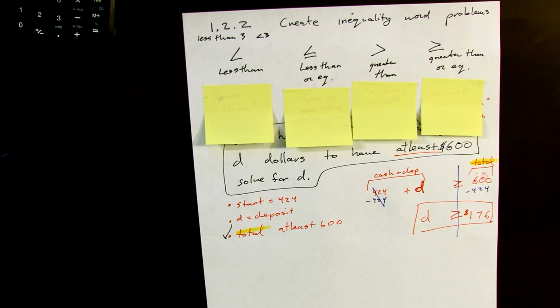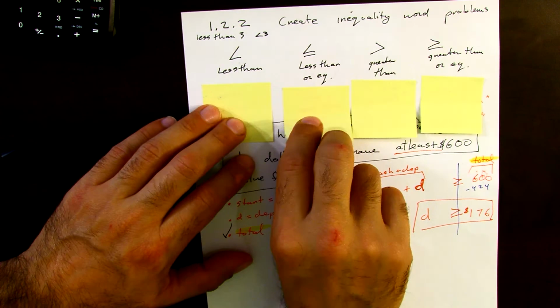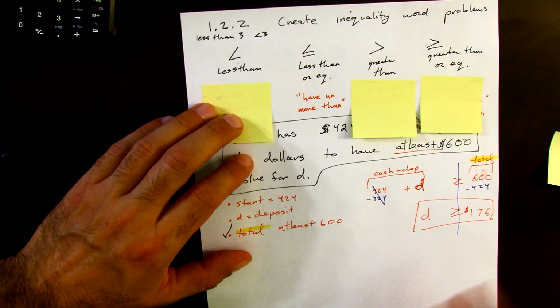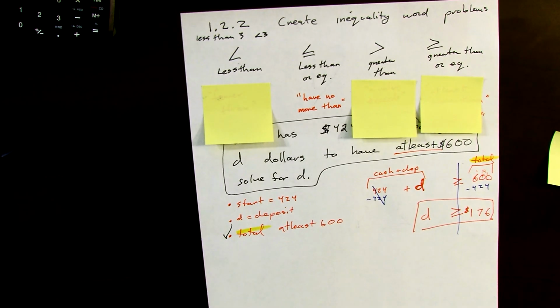You could have 1,000. If your parents are super generous and say you can have no more than 7 dogs, and you really love dogs, how many dogs are you going to get? 7. Okay, good. So no more than is the less than or equal to.